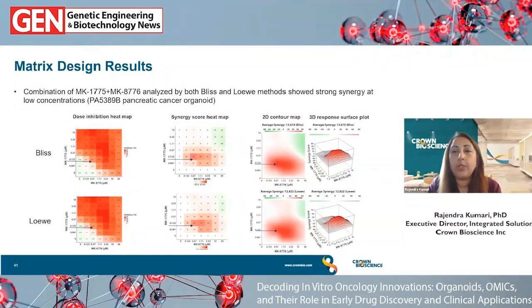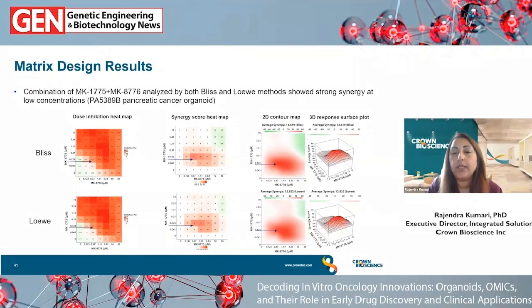So, for example, the combination of those 2 inhibitors shown here in one of the pancreatic models. On the left-hand side is a dose inhibition heat map for the 6x6 matrix combination with the percentage inhibition, and the increasing intensity of red is obviously the increased inhibition. So there's a total of 49 data points, and this includes the zeros as well.